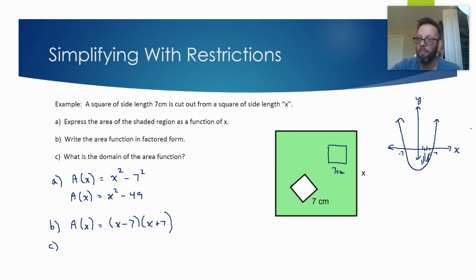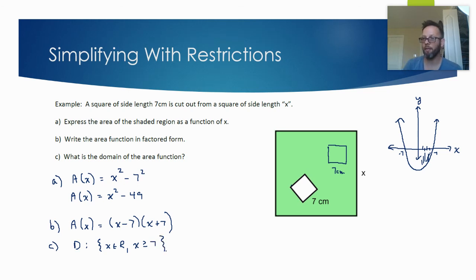You need a length bigger than 7 to make sure that it's bigger than your square cutout, right? If your square cutout is 7 centimeters, then the thing you're cutting it out of better be bigger than 7 centimeters on one side. So the domain for this function is x can be any real number as long as x is greater than or equal to 7.